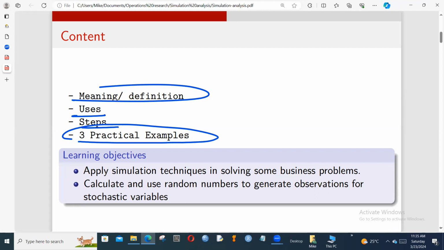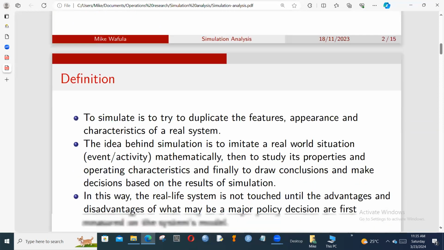So majorly the 2 objectives: to apply simulation techniques in solving some business problems. And because we are going to narrow down to Monte Carlo simulation, which involves random numbers, we want to see how we can actually obtain random numbers, then use them to generate observations for some given variables.